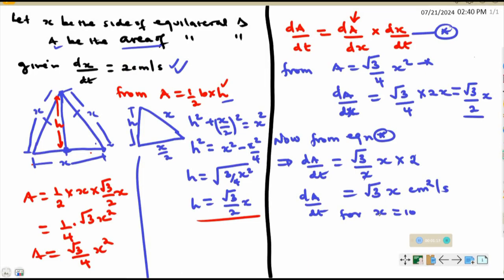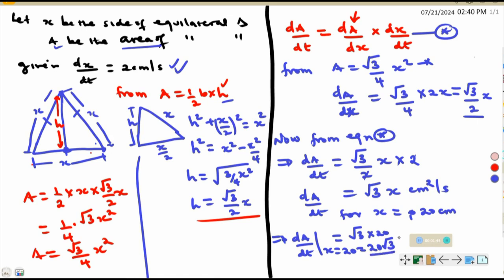So it means when x is 20 centimeters, it will imply that dA/dt when x is 20 will be the same as root 3 times 20, and this will be the same as 20 root 3, and this will be in centimeters squared per second.